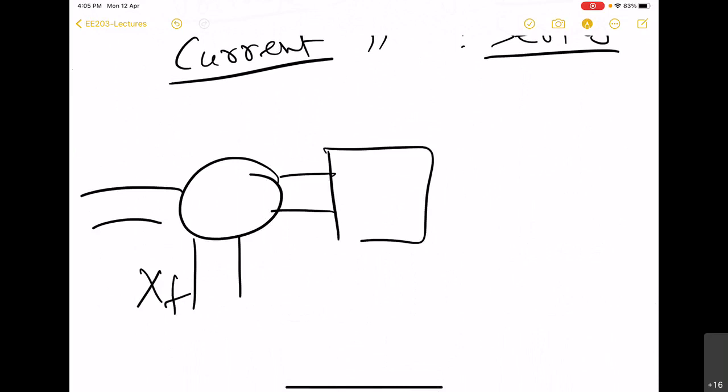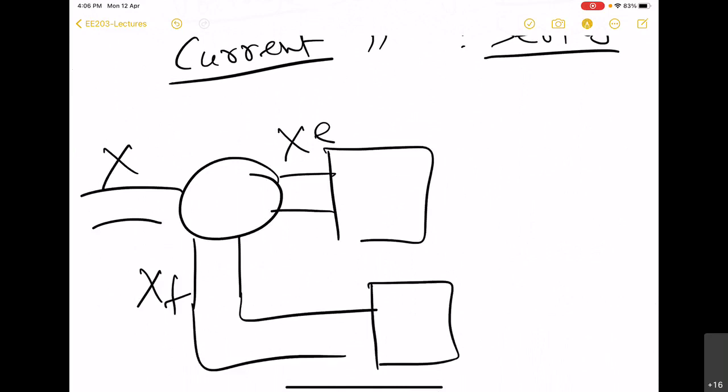So we have XF here, X, and that will produce XC, and each of these quantities could be either voltage or current. Then we have to see what the connection topology will be at this location, and it will be dictated by whether these quantities are voltage or current.